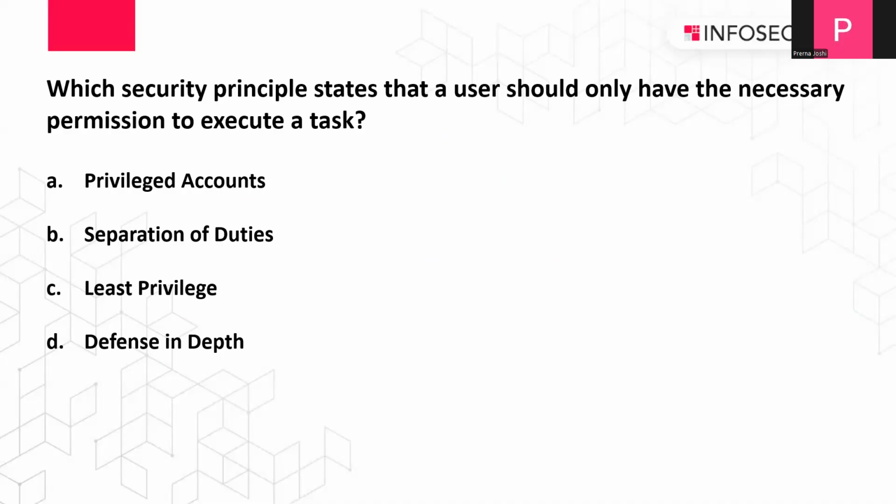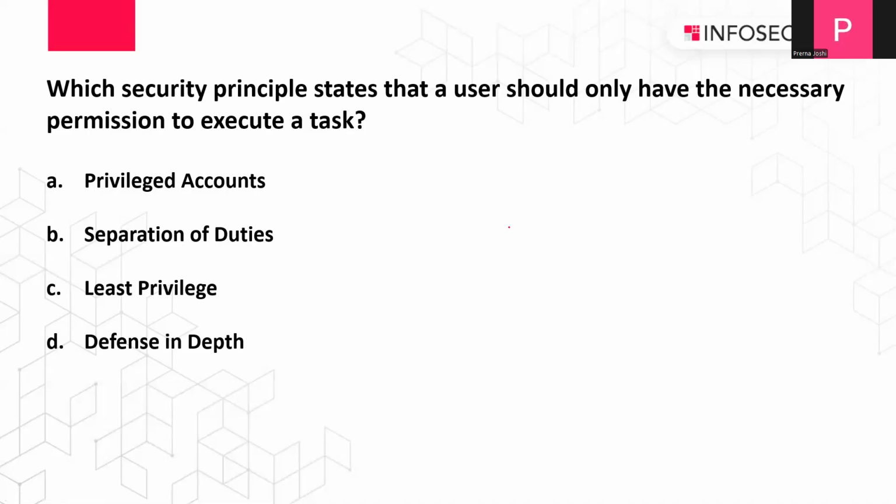Then when we talk about privileged accounts, privileged accounts are what? These are the accounts that have elevated permissions, right? Or you can say administrative rights are there in this account compared to other standard user accounts. So privileged accounts provide access to critical systems, configurations or any sensitive data, right? That is a privileged account.